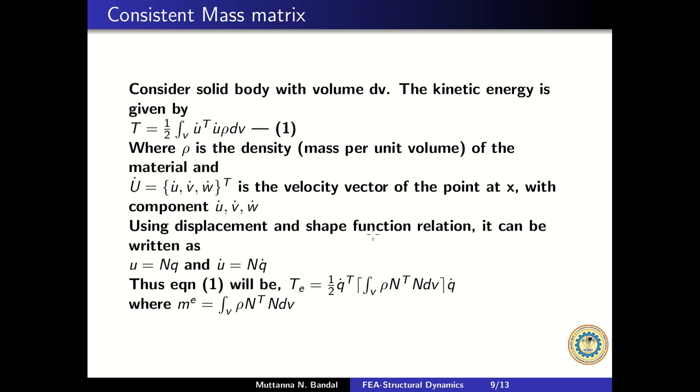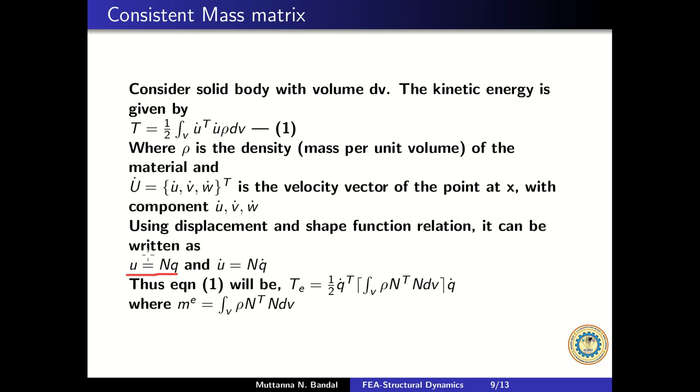Using the displacement and shape function relation, we know from our first module that u is equal to N into q, where N refers to the shape functions and q refers to the displacement.